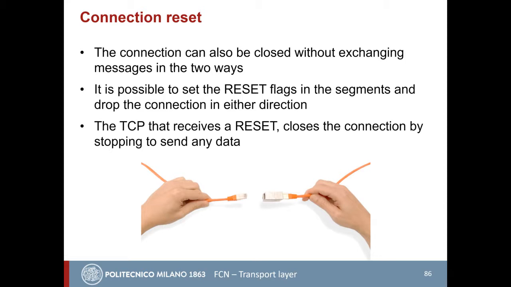So when the reset flag is set in a segment, the connection is immediately closed in both directions. This is an emergency connection shutdown, and one of the two can send this segment with the reset flag set. The other one that receives the reset closes the connection and also closes the connection on the other side.